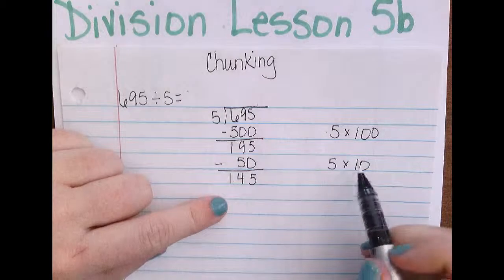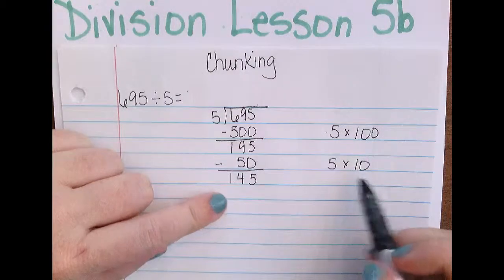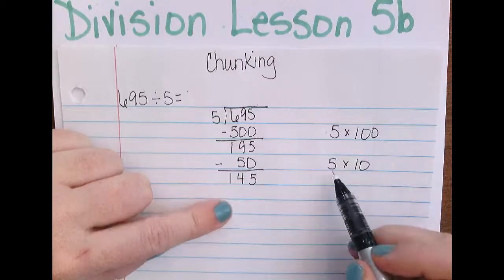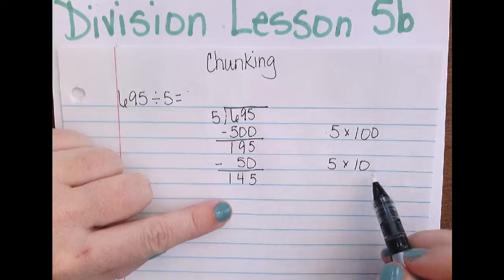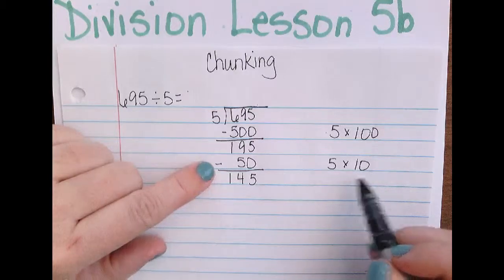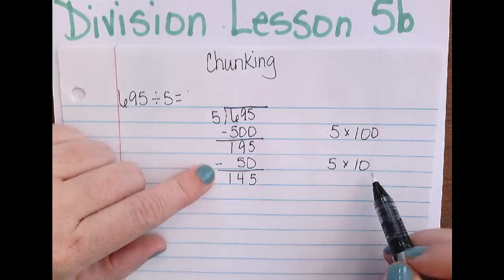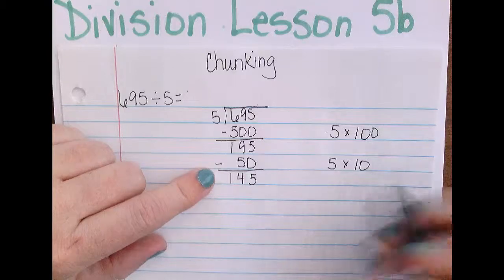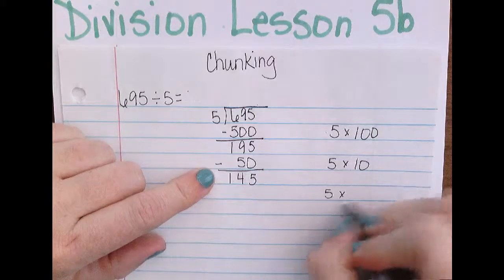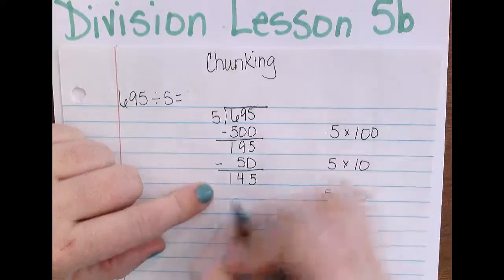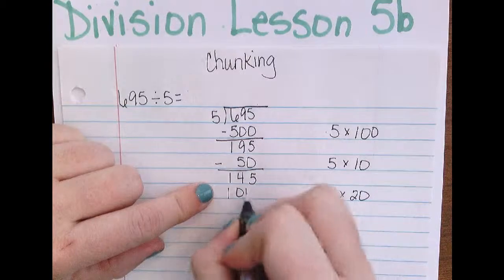So let me see if I can kind of double that up. If 5 times 10 is 50, then 5 times 20 should be 100. So 5 times 20, that is 100.